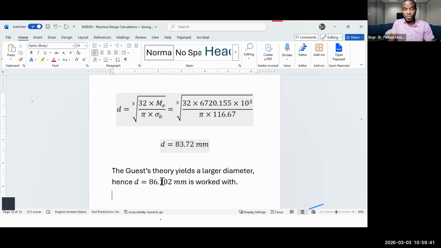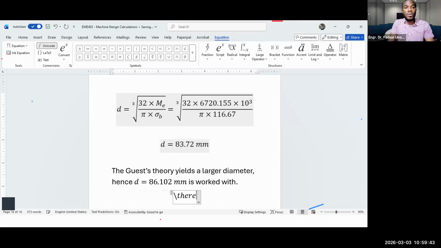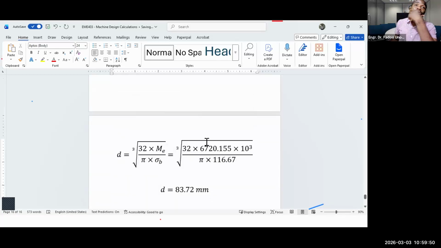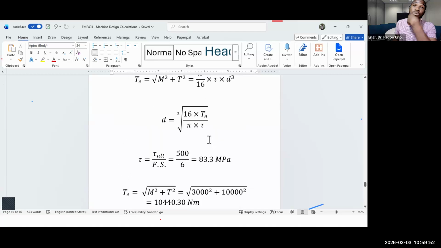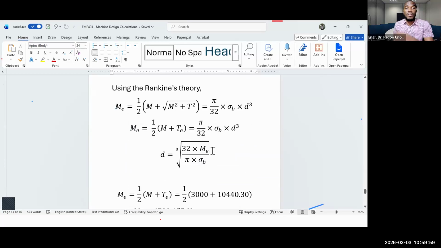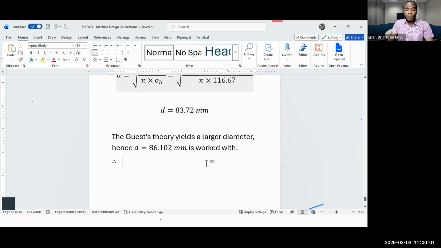Therefore, what did the question ask us? It said that we should determine the diameter of the shaft. Therefore, the diameter of the shaft is selected to be what?